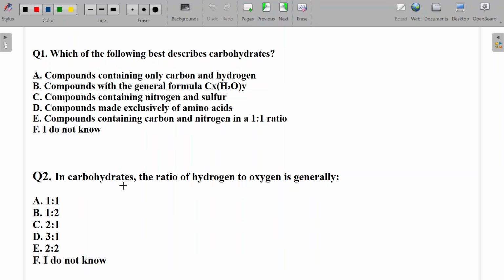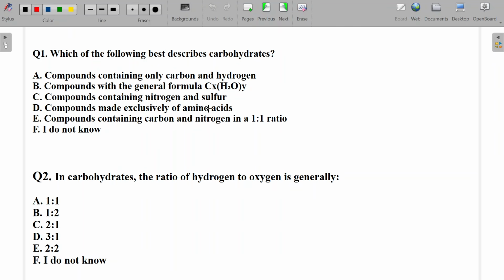Sir, A maybe. So, okay, carbohydrates contain carbon and hydrogen, but they also have another component, oxygen.